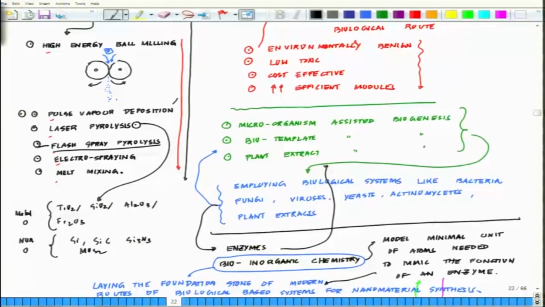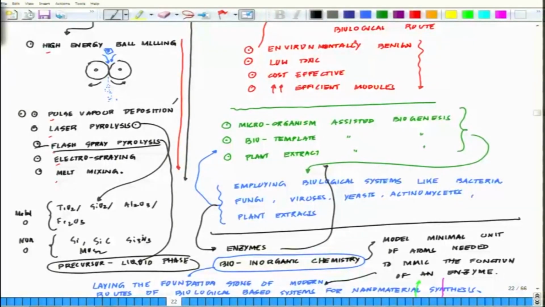So, realize that for this kind of process you have to have the precursor in the liquid phase. That is very essential. It is a one step combustion process where the precursor is in the liquid form with significantly higher combustion enthalpy, that is more than 50% of the total energy of combustion.